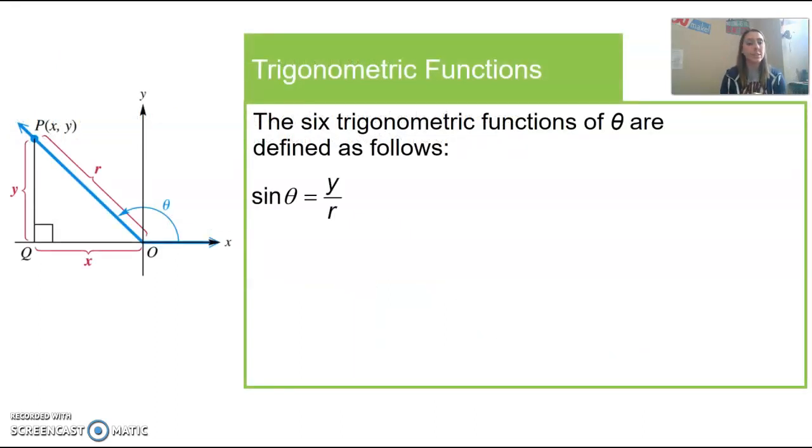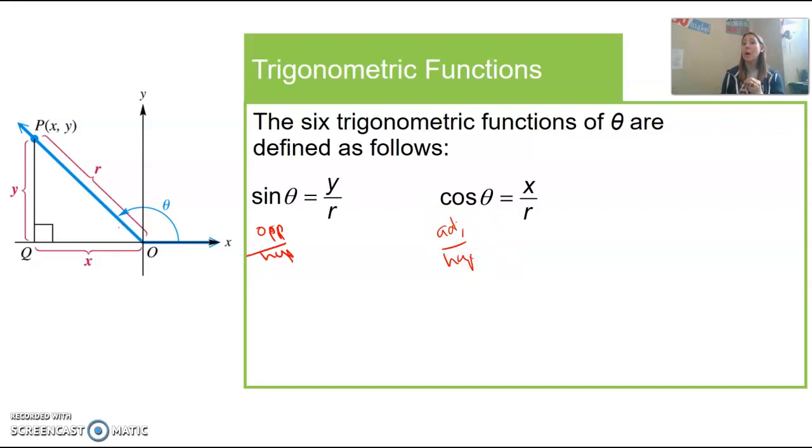So sine doesn't change. Okay? It's still the opposite over hypotenuse. So we have the opposite over the hypotenuse, which is the opposite of this angle theta, or this angle right here. The opposite would be y over the hypotenuse, opposite over hypotenuse. Okay, cosine is still adjacent over hypotenuse.